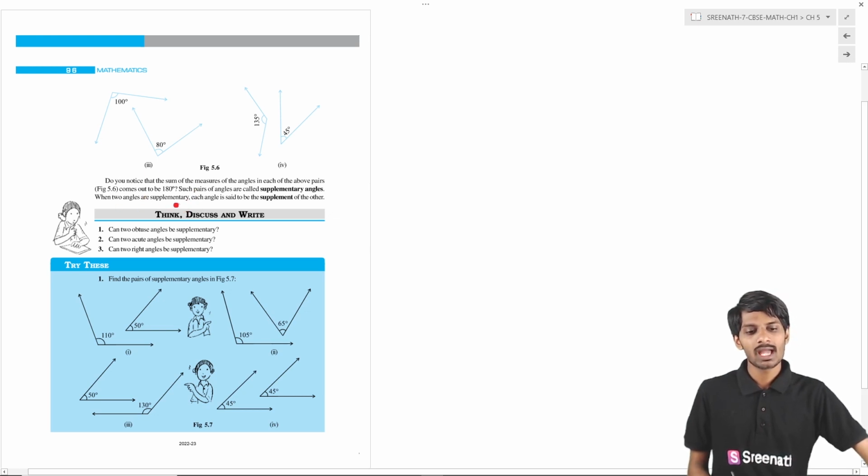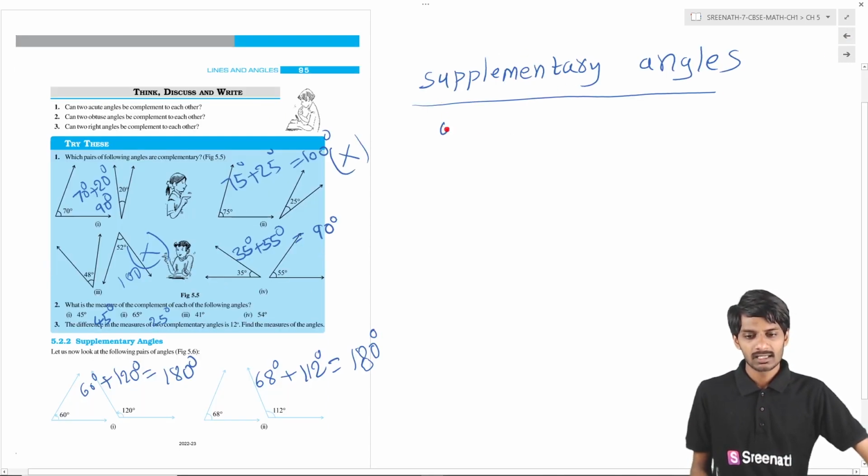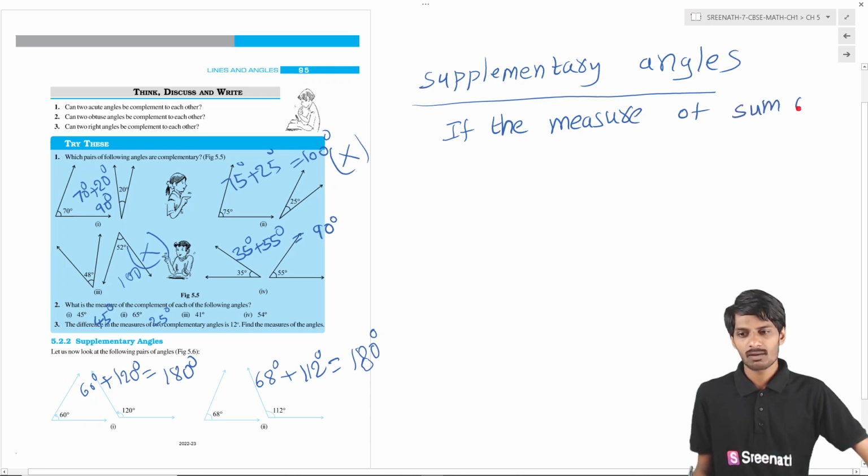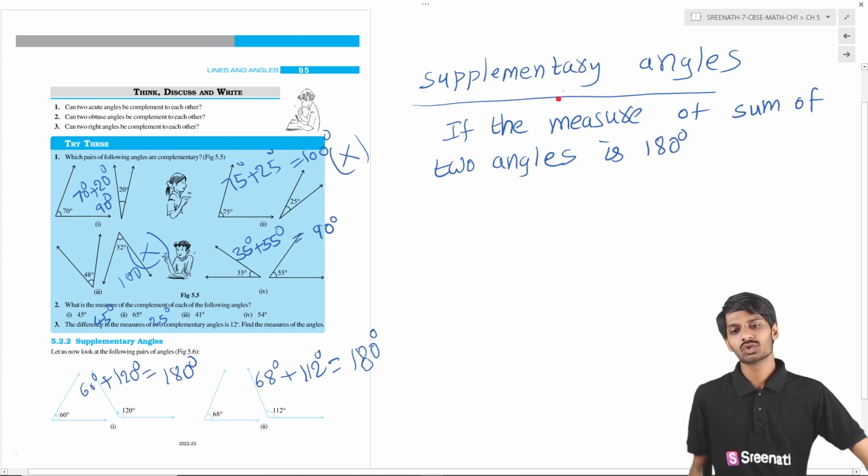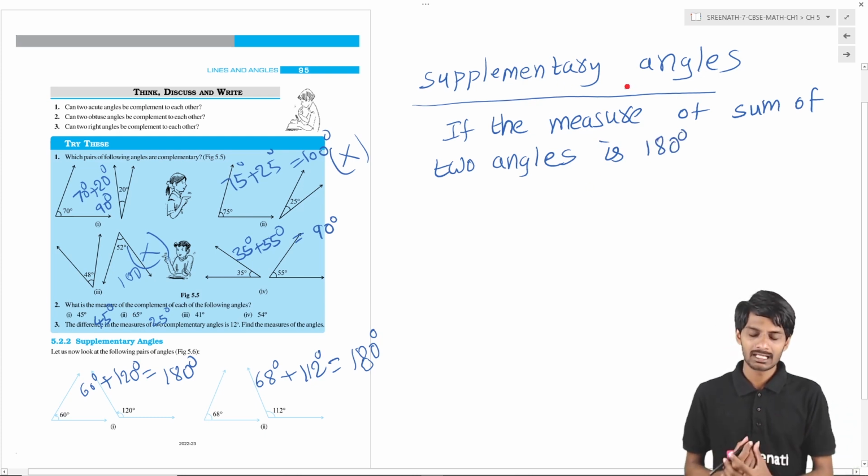So what are supplementary angles, students? When two angles are supplementary, each angle is said to be supplement to the other. Simply, if the sum of two angles is 180 degrees, then we say they are supplementary angles.